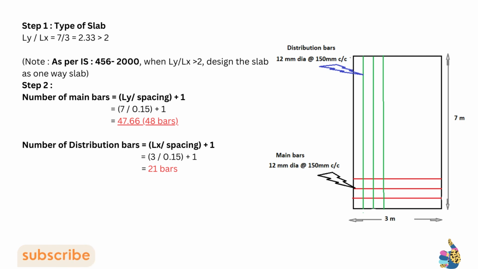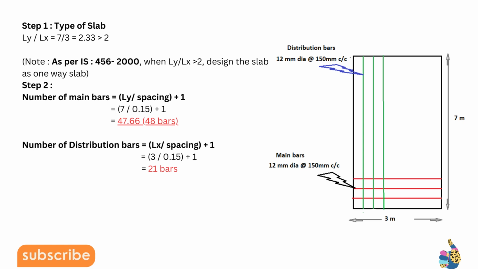As per IS 456 2000, when the ratio of the longer side to the shorter side is greater than or equal to 2, we have to design it as a one-way slab. In our case, Ly by Lx is 2.33, so it is greater than 2, so we will design it as a one-way slab.